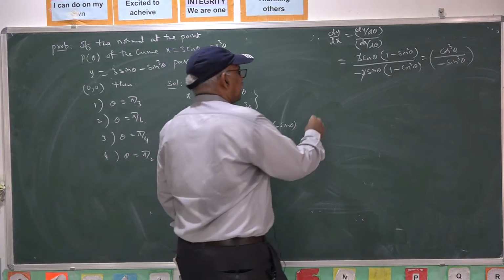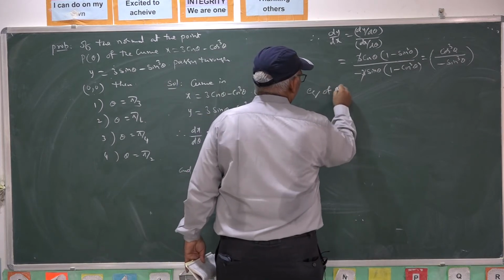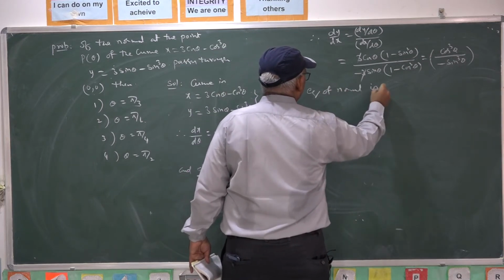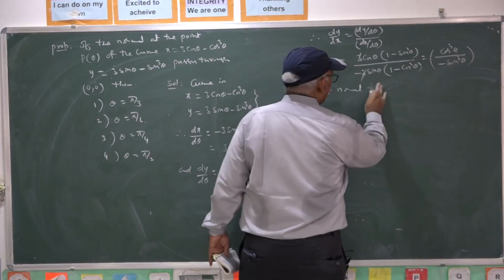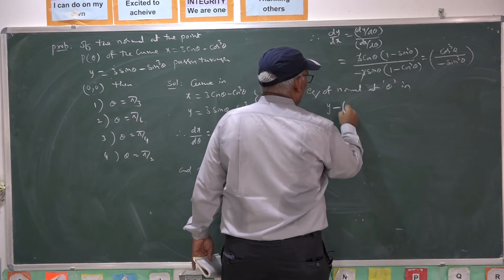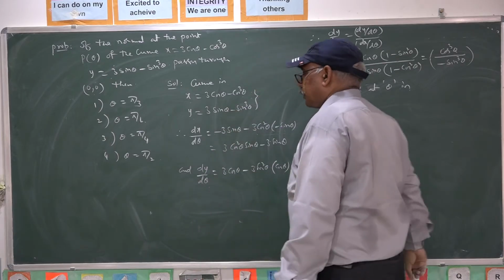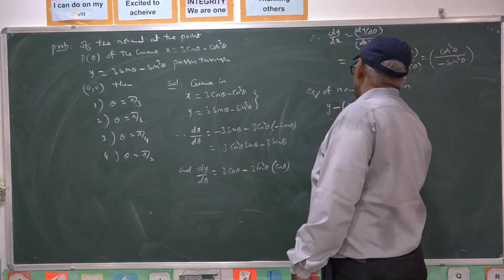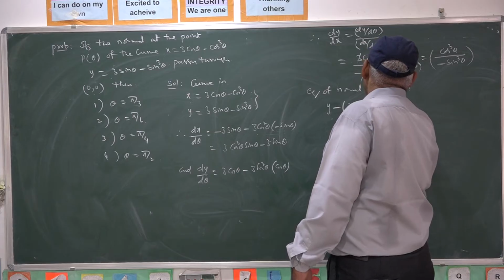Now equation of normal. Equation of normal at theta particularly. Y minus y1, the point is taken in parametric form itself.